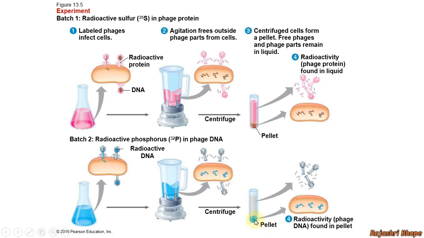These labeled DNA molecules are found in the pellet when the suspension is centrifuged, and no radioactivity is found in the supernatant, where only phage particles are present. So this indicates that it is the DNA molecule which is transferred into the cell.